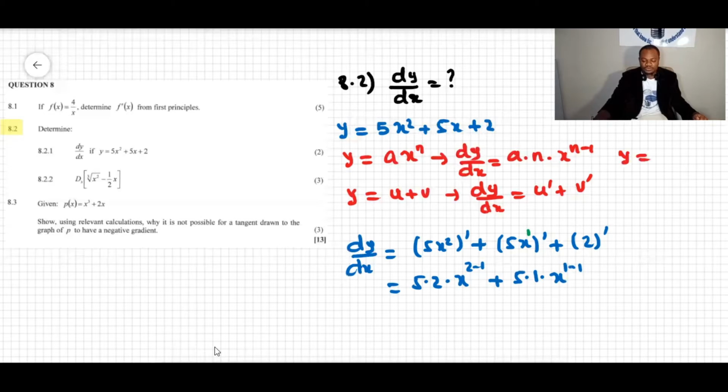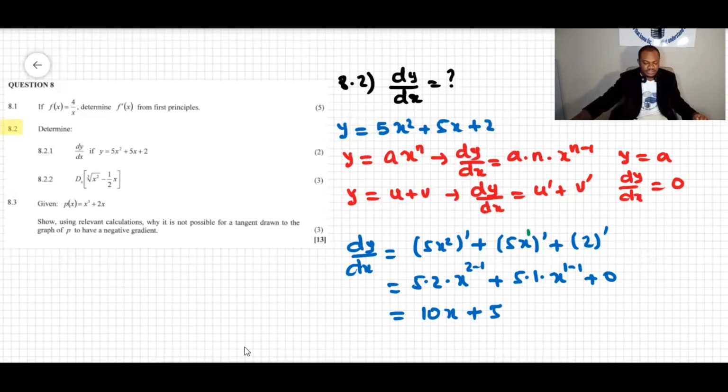So if y equals a, a constant, dy dx is just 0. So plus 0. Now we can simplify. This is just 10x, because to the power of 1 is 1. We don't need to write the exponent to the power of 1. And then plus 5. X to the power of 0 is just 1. So we have 5 times 1 times 1, which is just 5.